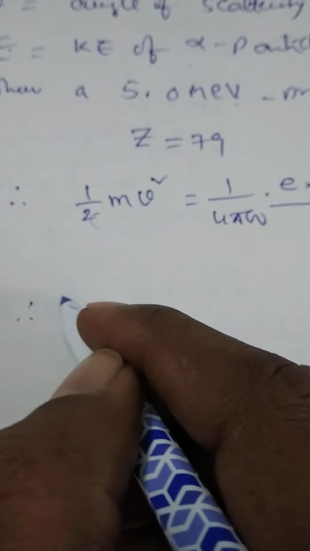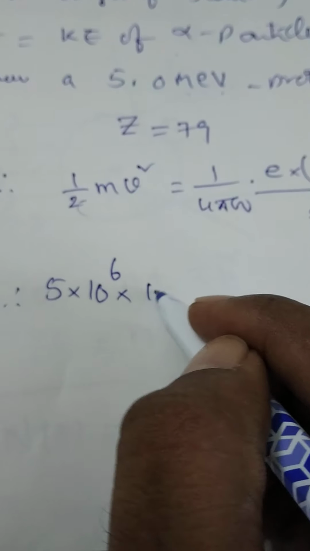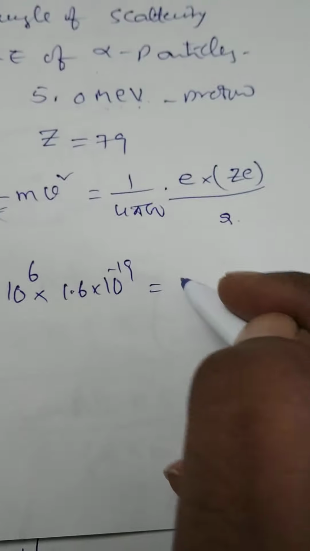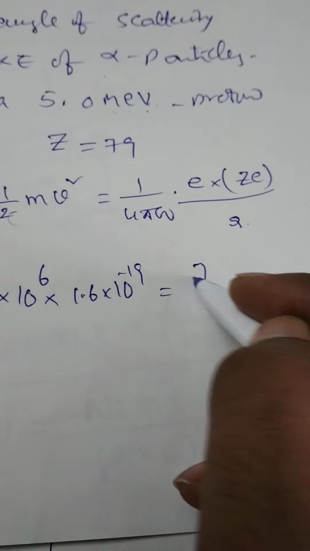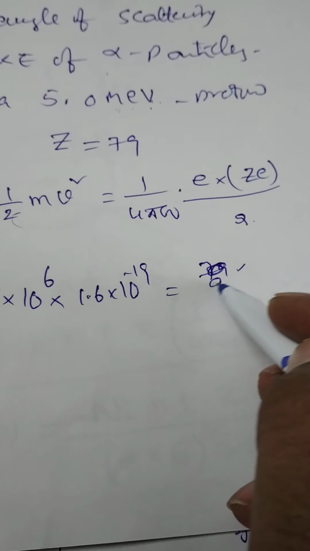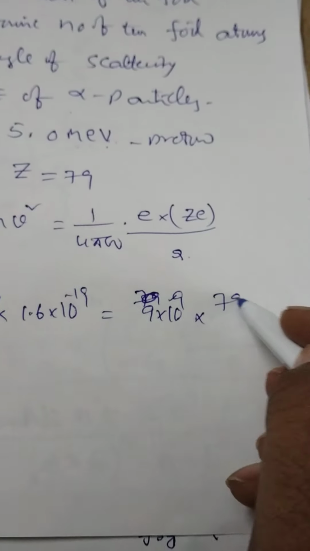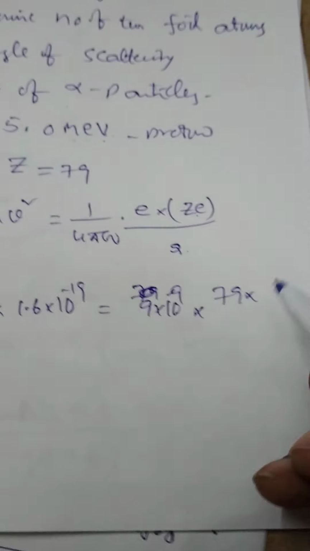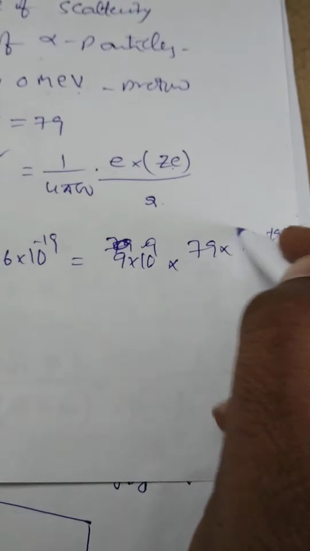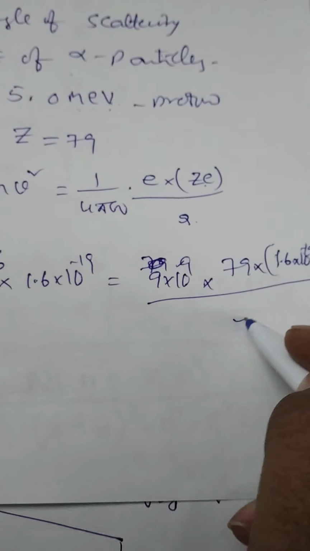Therefore 5 into 10 power 6 into 1.6 into 10 power minus 19 is equal to 1 by 4 pi epsilon naught, value 9 into 10 to the power 9, into Z is equal to 79 into e square, 1.6 into 10 power minus 19 whole square, by small r.